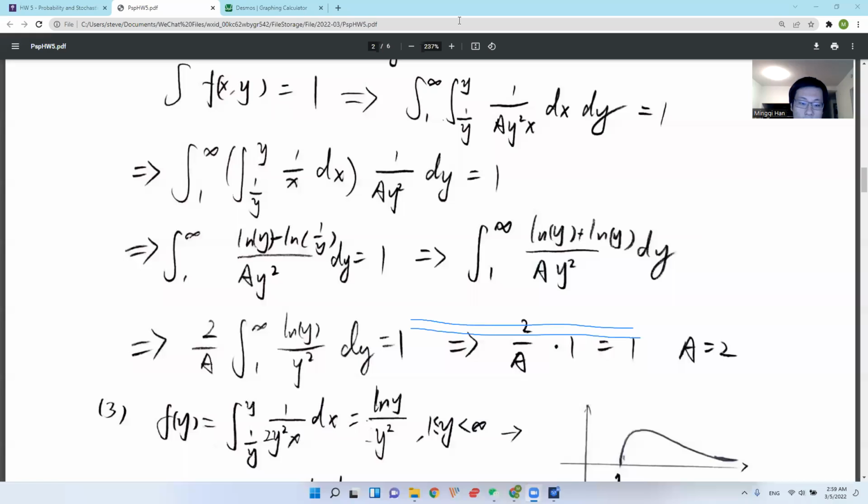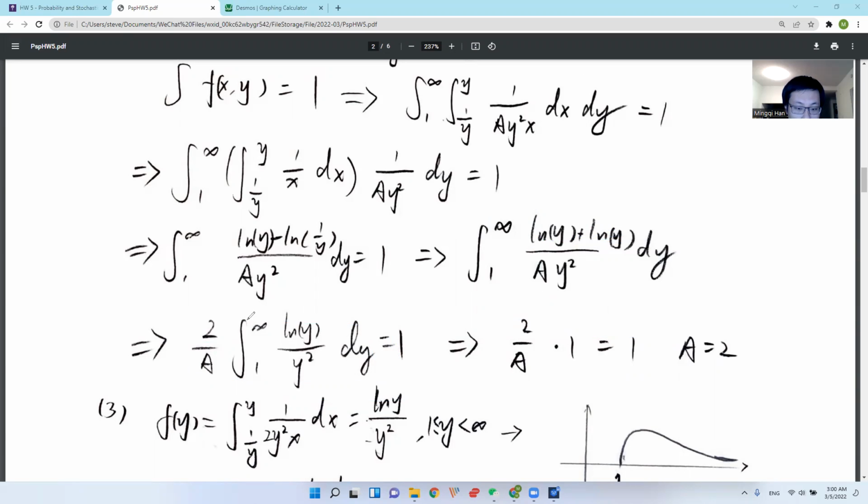And notice that we have ln y minus ln 1 over y. The minus ln 1 over y is exactly the same as positive ln y. So we have ln y plus ln y, which is basically a 2, and we can take this 2 out. ln y is remaining inside, and we do the integration over y for this part, and the entire thing should be equal to 1.